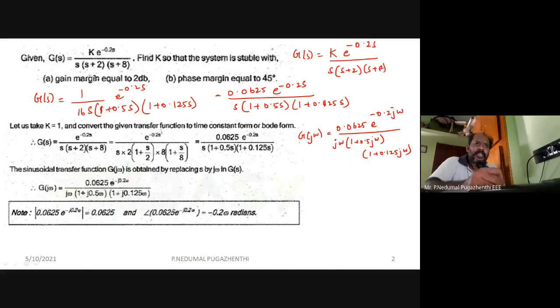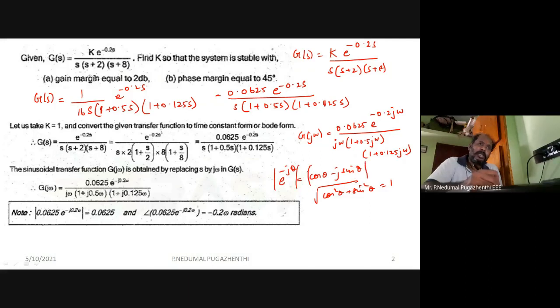This factor, e power minus 0.2 j omega, does not depend on the magnitude part, because e power minus j theta can be written as cos theta minus j sin theta, and its magnitude is the square root of cos squared theta plus sin squared theta, which is equal to 1.